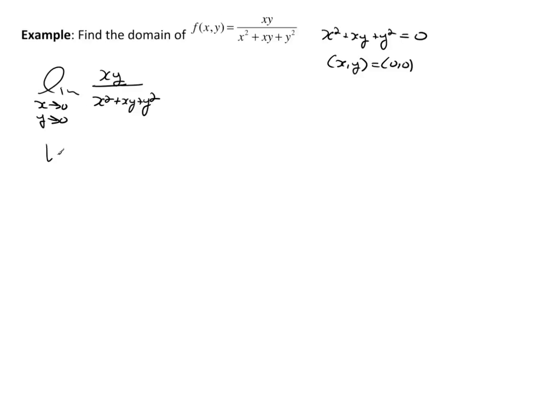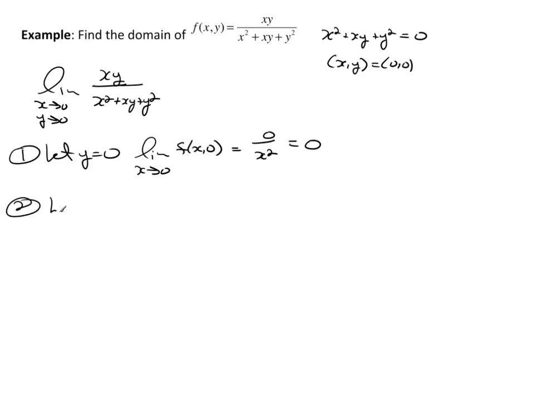First, I'm going to let y equal 0. Let's call this approach 1. Now I'm looking at the limit as x goes to 0 of f of (x, 0), which is 0 over x squared, which equals 0. So the limit along the x-axis is going to be 0.